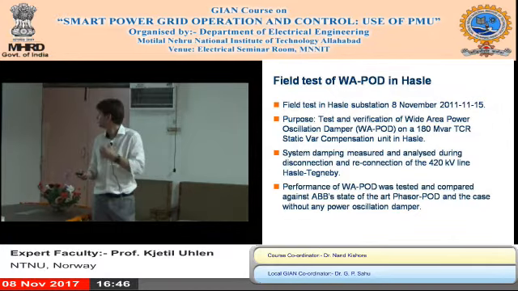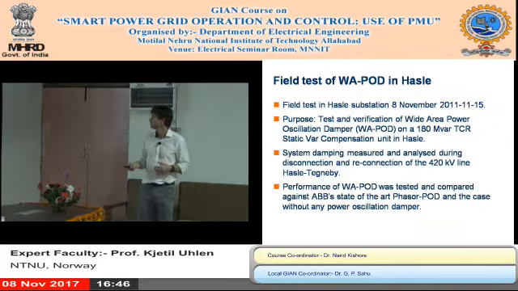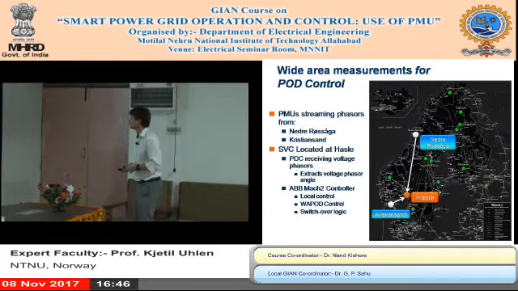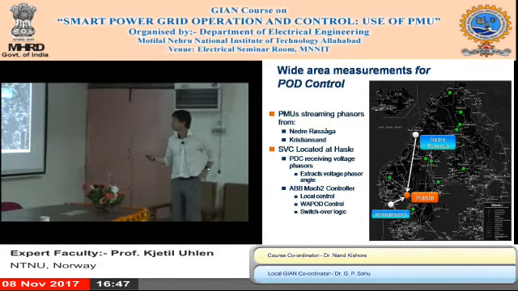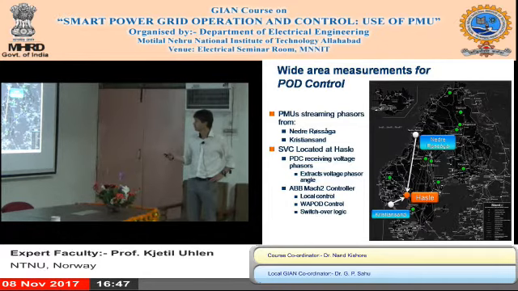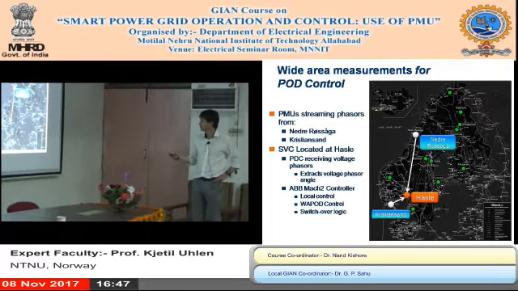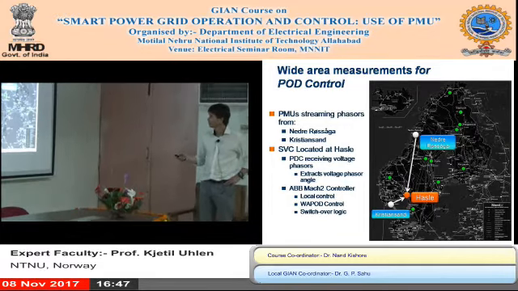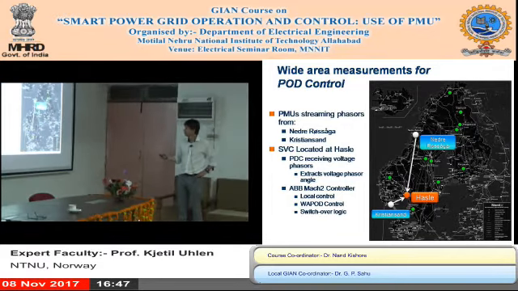So now I think this picture is best. Ideally we would have wanted measurements from Finland, because that would have given us better observability of the 0.3 hertz mode. But electrically, this site here in northern Norway is closer to Finland than other places, so we selected that.